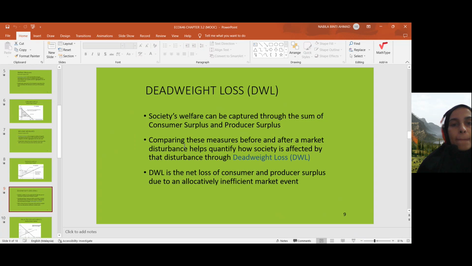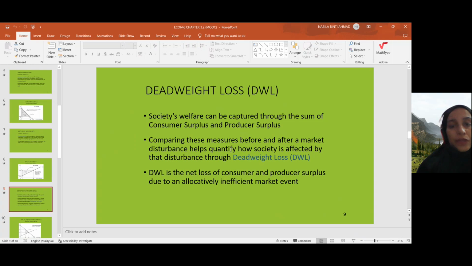And when we combine them together, we will get the deadweight loss. Society's welfare can be captured through the sum of the consumer surplus and producer surplus. By comparing this measure before and after a market disturbance, we quantify how society is affected by the disturbance through deadweight loss. This deadweight loss is the net loss of consumer and producer surplus due to an allocative inefficient market event.